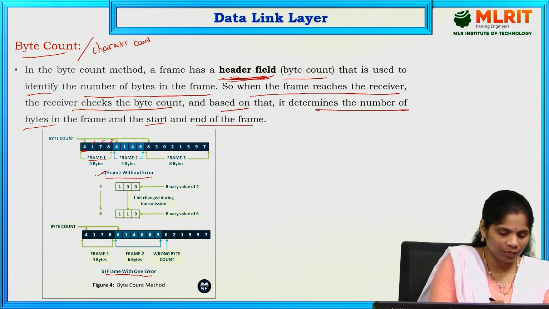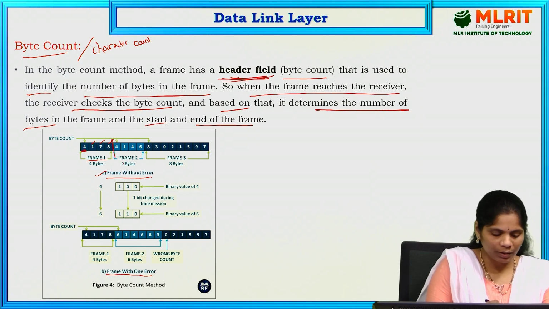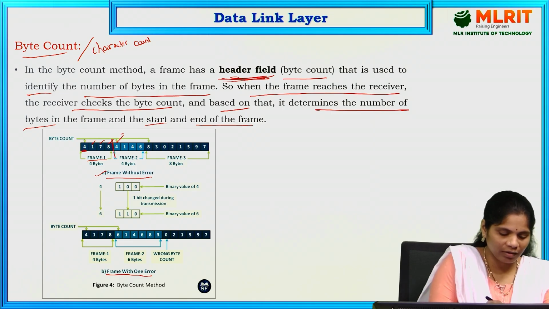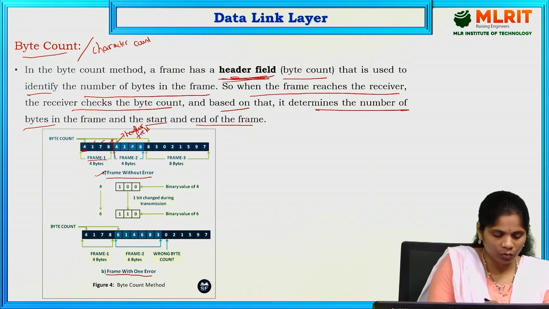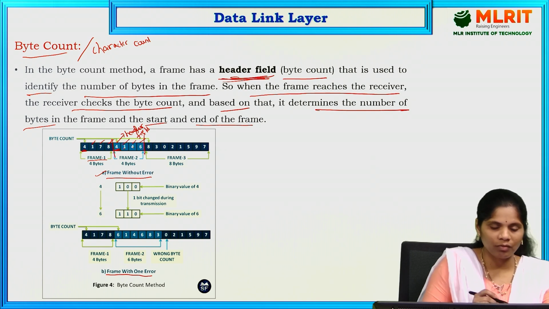This is one frame, and the header field says 4, the total number of bytes in that frame. So 1, 2, 3, and including this it is 4. Here frame 1 is completed.